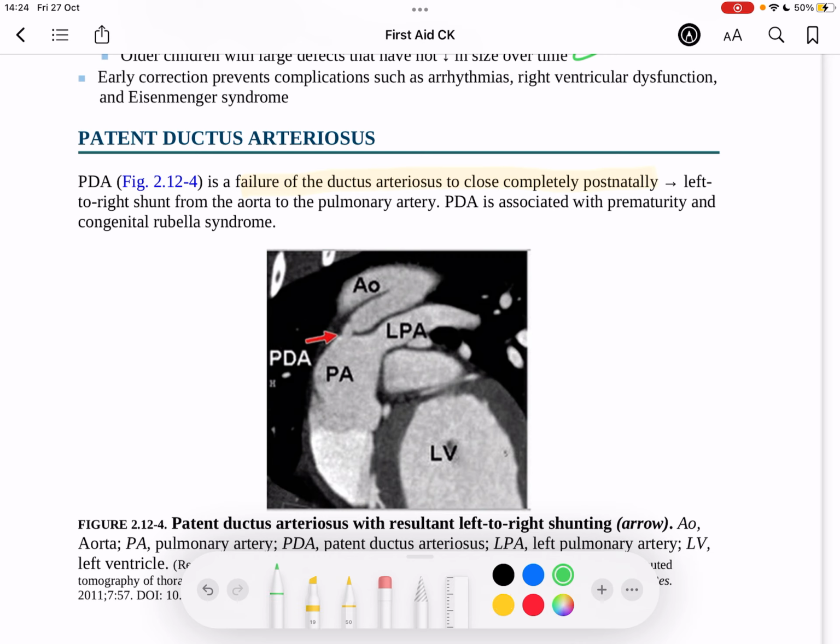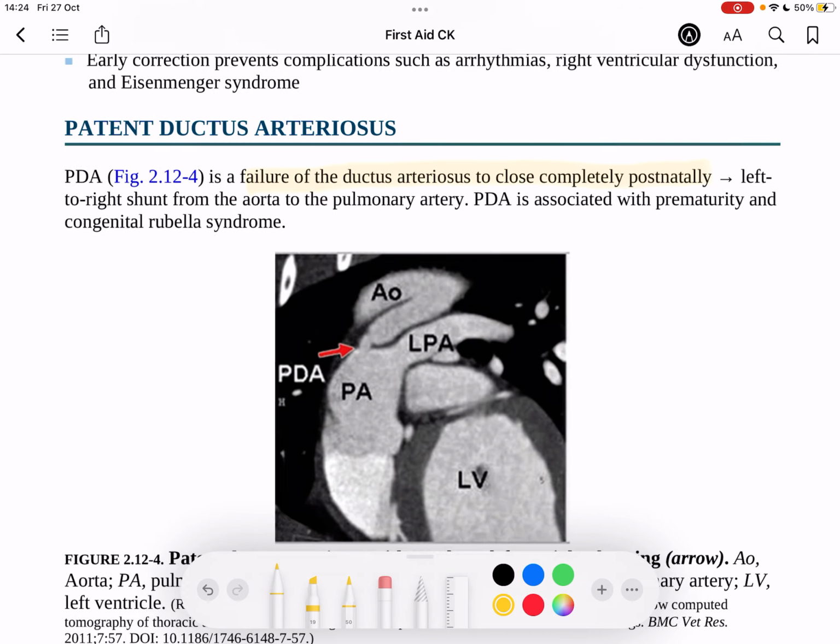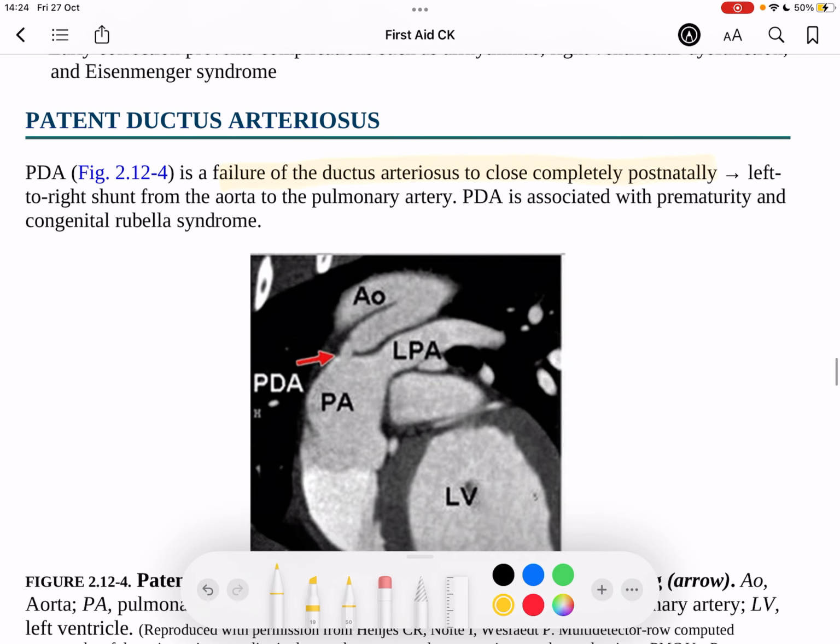So what happens is we end up getting a left to right shunt, but instead of from one atria to another or one ventricle to another, it's from the aorta to the pulmonary artery, okay? And PDAs are mainly associated with prematurity, okay? It's actually the most common congenital heart disease in premature babies, and congenital rubella syndrome, which is our high yield association.